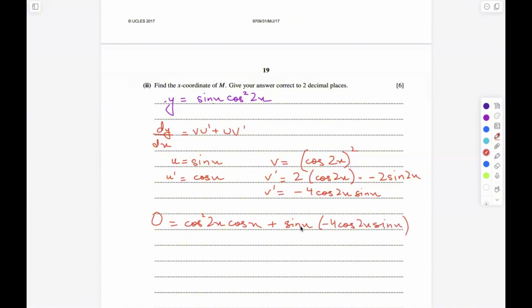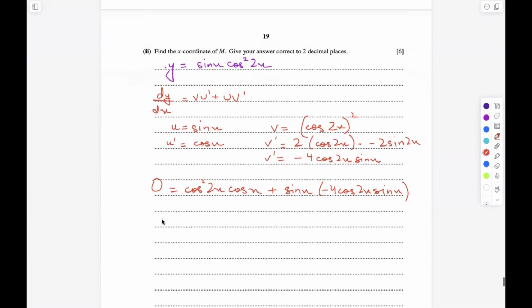We can take this term, sine x into minus 4 cos 2x sine 2x, on the right hand side. So this will become 4 sine x, and this is sine 2x cos 2x, is equal to cos squared of 2x cos x.